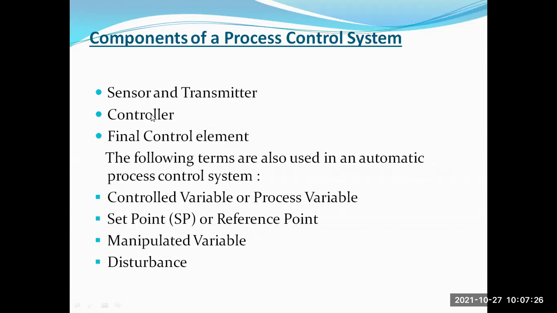It is the brain of the control system that takes the decision to maintain the process variables at the desired value or set point. It is the main thing in any process control plant.